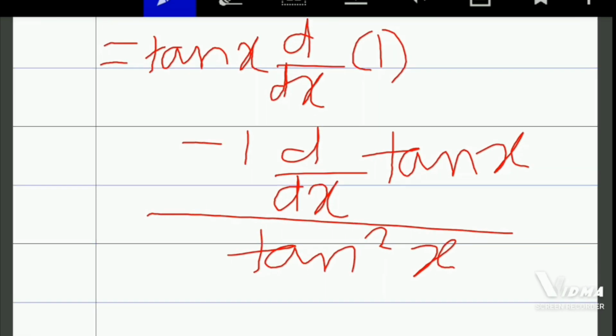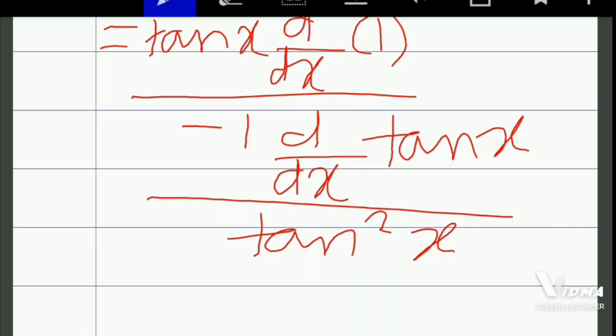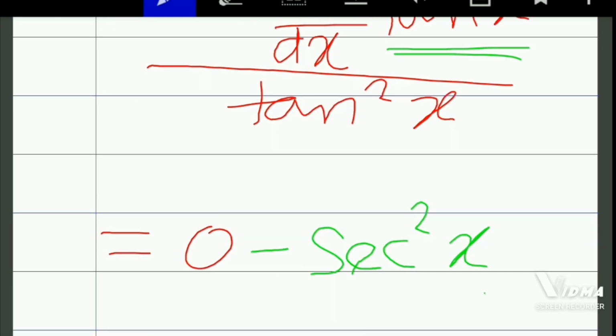Therefore the differentiation of 1 would be 0, and the differentiation of tan x would be sec square x.